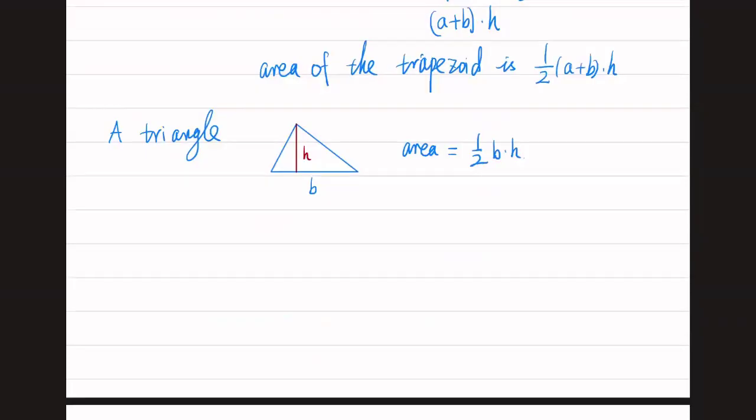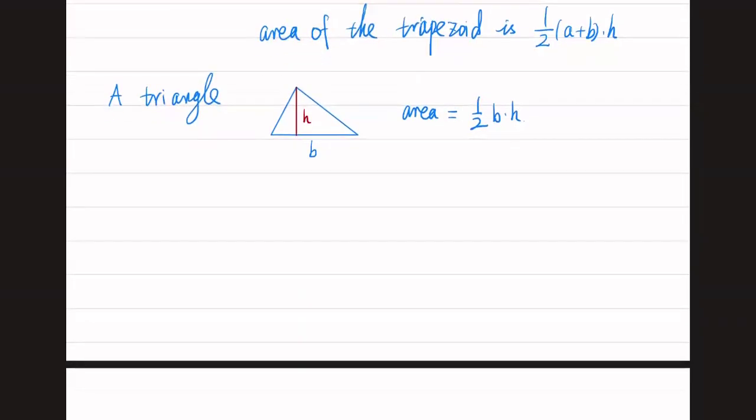Okay, so with these formulas, let's draw a general polygon. It's a general polygon, so to find the area, we can use partition.